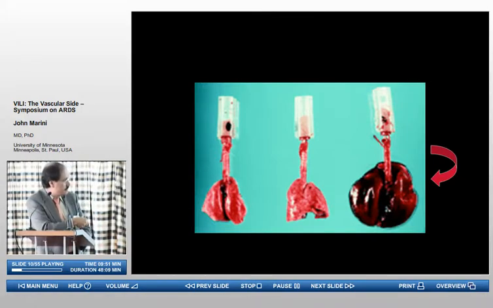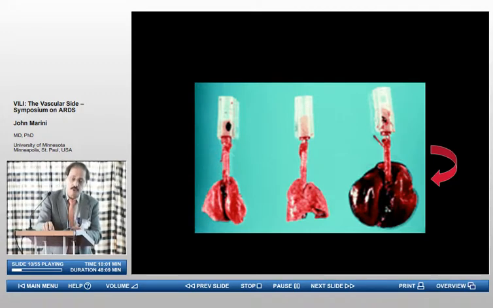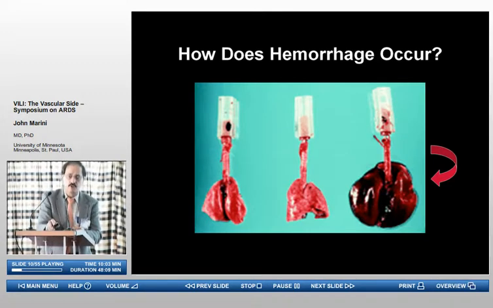Actually, these were intact animals, and those animals' lungs were bloody and hemorrhagic after a very short period of time, suggesting vascular trauma. I use it only to ask the question, how does this hemorrhage occur?